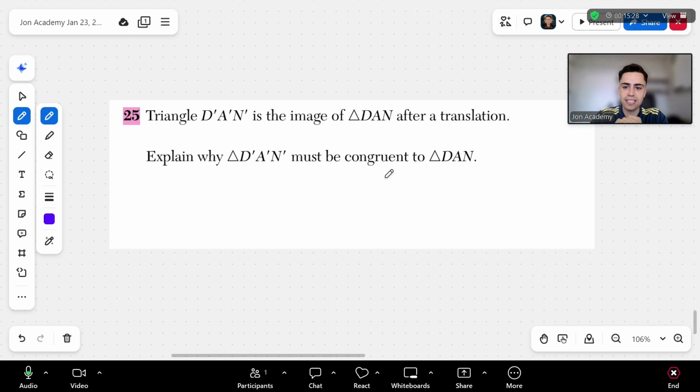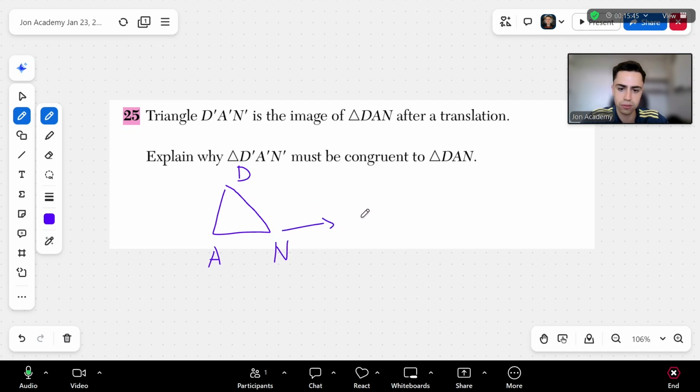And now let's check lastly this one here. So we have triangle DAN, so we can draw it here, D, A and N. And it is translated by a vector. Somehow we are bringing the 3 corners of the triangle into something like this. And the new vertices are D prime, A prime, and N prime.